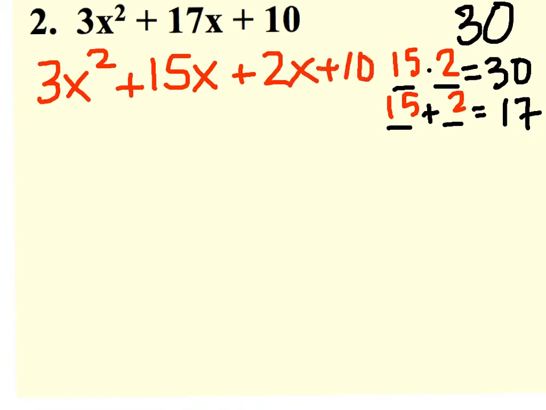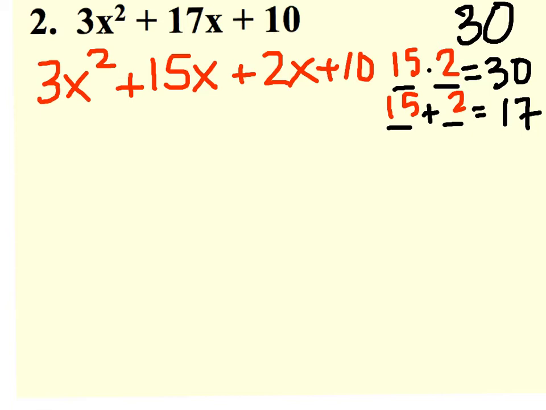The reason I'm doing that is I am expanding 17x, so I can write 17x as 15x plus 2x. If I were to combine like terms, I would get my original trinomial. Now I'm not factored just yet, but that's how we're starting.